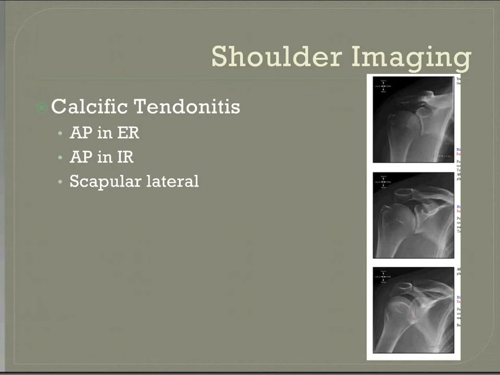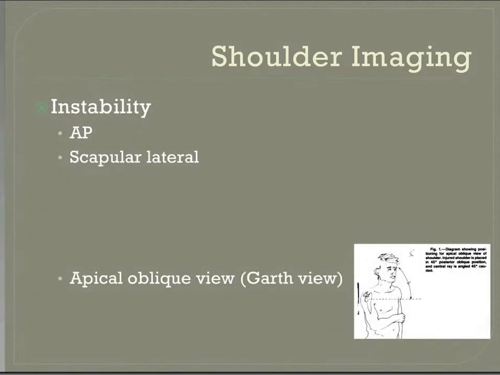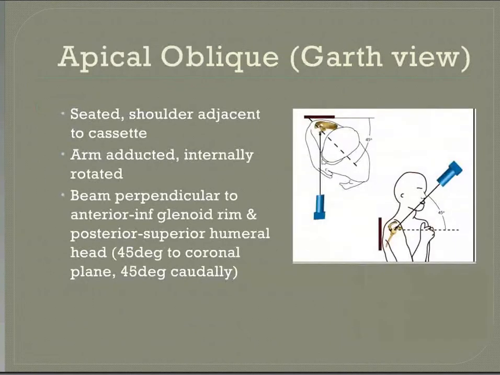And for instability, the AP and scapular lateral, which is the routine in radiology, but the add-on was to also request the Garth view, which isn't routinely done by our radiographers, and that basically involves a patient seated with their arm on the opposite shoulder.